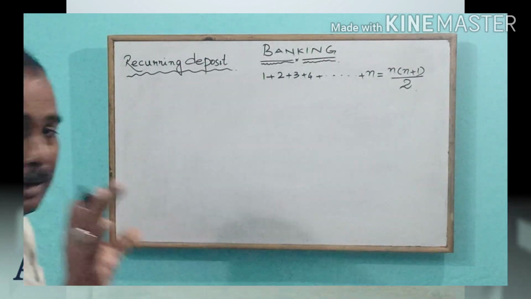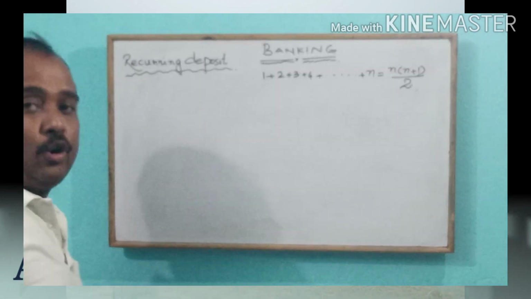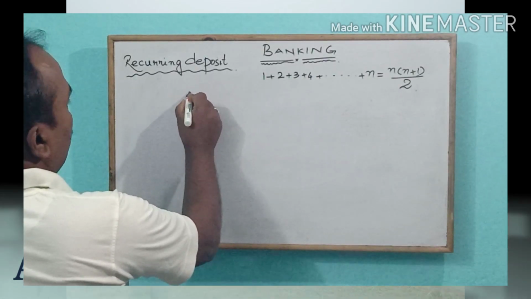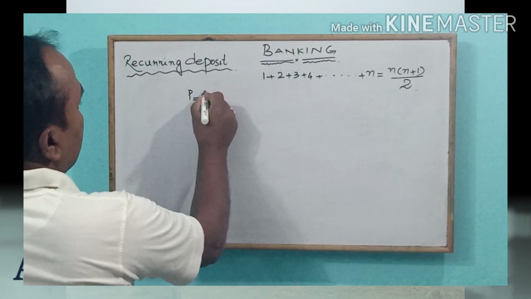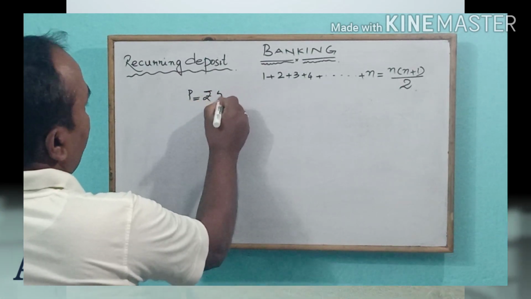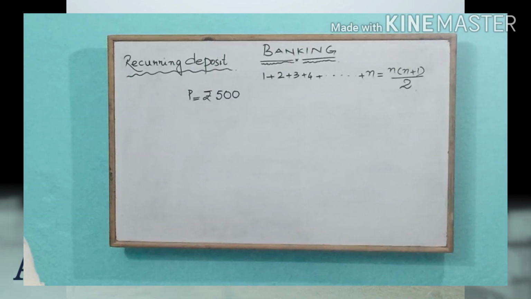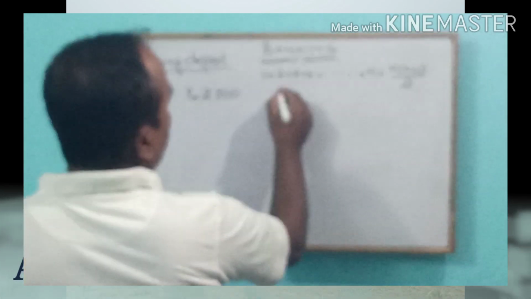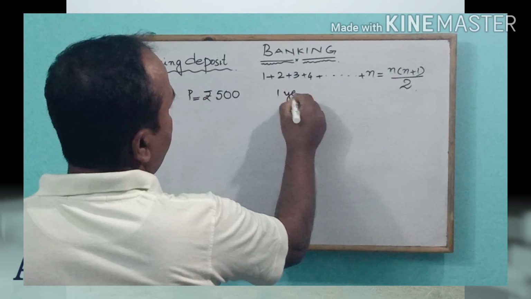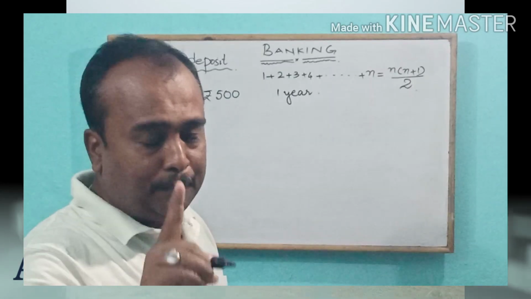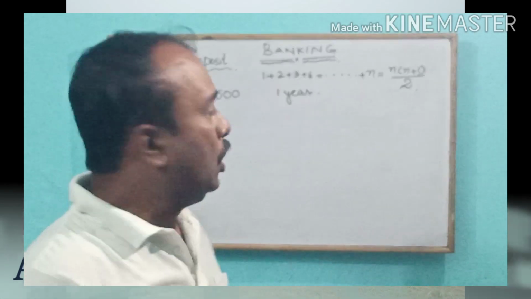Let us take an example to derive the formula for a recurring deposit account. Suppose a person decides to pay 500 rupees per month for 1 year. Every month he is paying 500 rupees for 1 year.